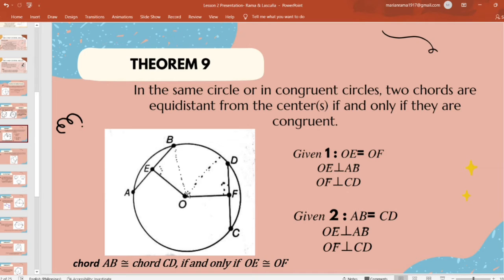The same also with our line OF, which is perpendicular to our line CD. So therefore our chord AB is congruent to our chord CD if our lines OE and OF are also congruent.